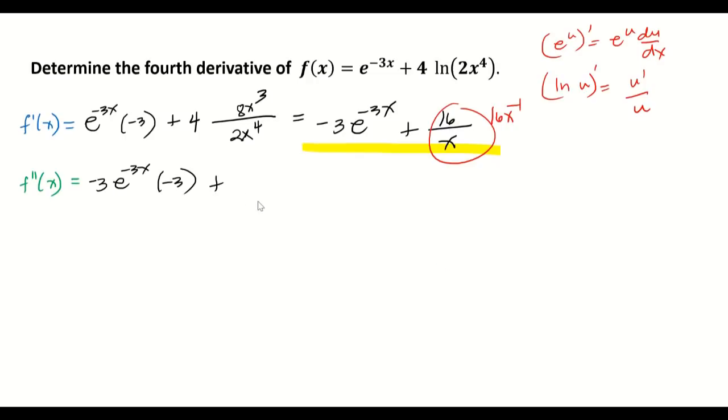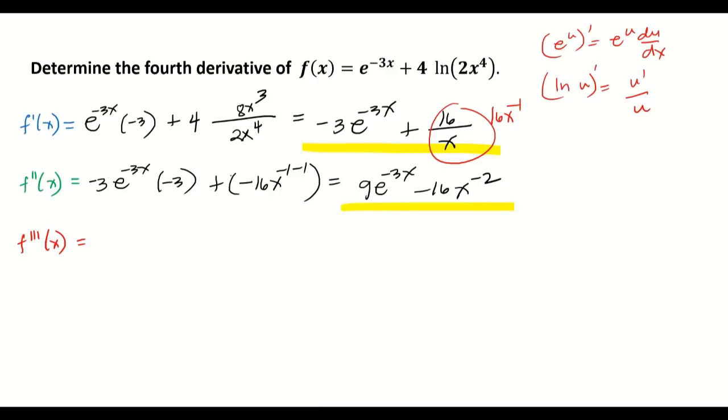So we have negative 16 x raised to negative 1 minus 1. So simplifying, this would be negative 3 times negative 3 is positive 9, e raised to negative 3x minus 16x raised to negative 2. So this is our second derivative.